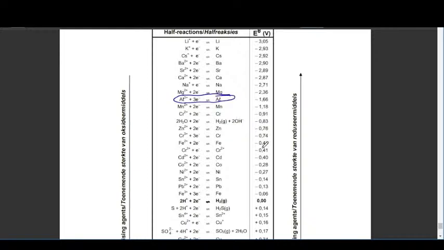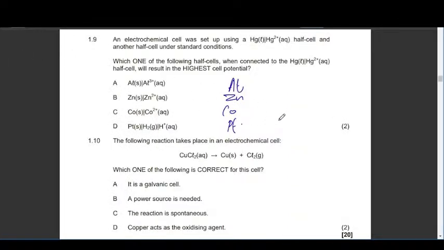So aluminium, zinc is here, then you find cobalt there. So the other ones are down. So the strongest reducing agent is going to be aluminium. Therefore, when I come back here, I'll find out that A becomes the most correct answer.